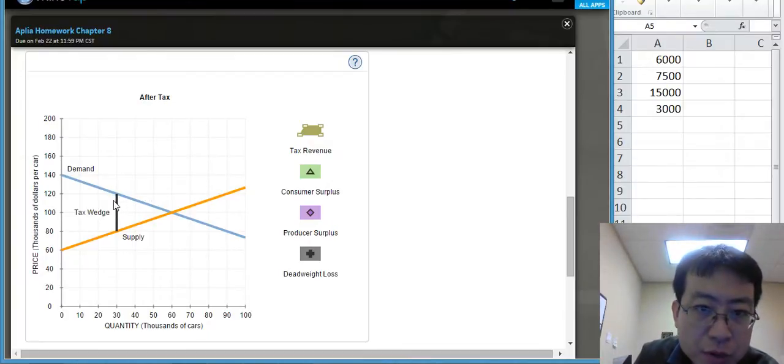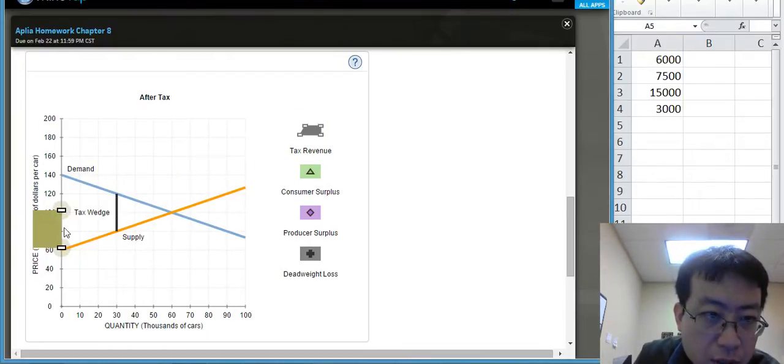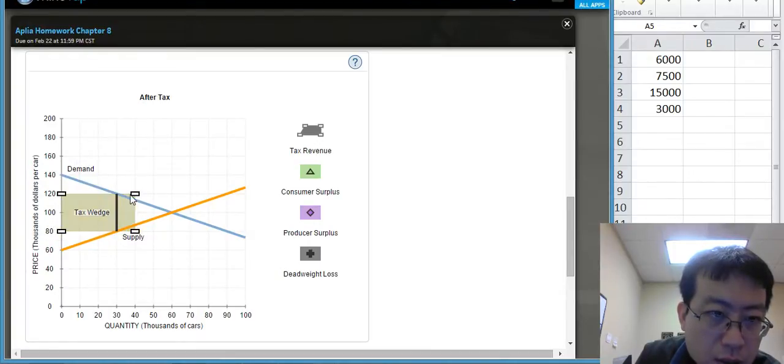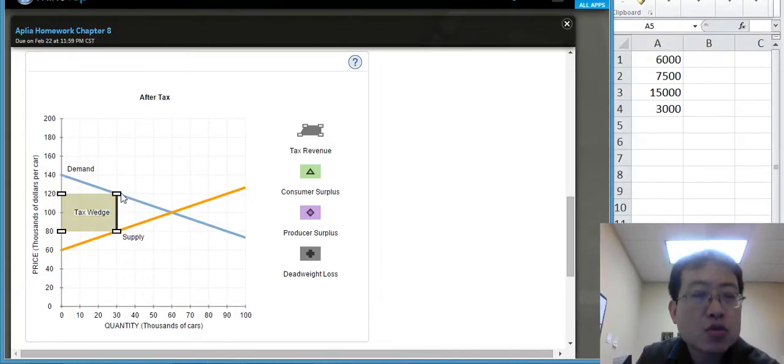The difference is our tax revenue. So this will be our tax revenue, the difference between how much the consumer pays and how much the company receives.